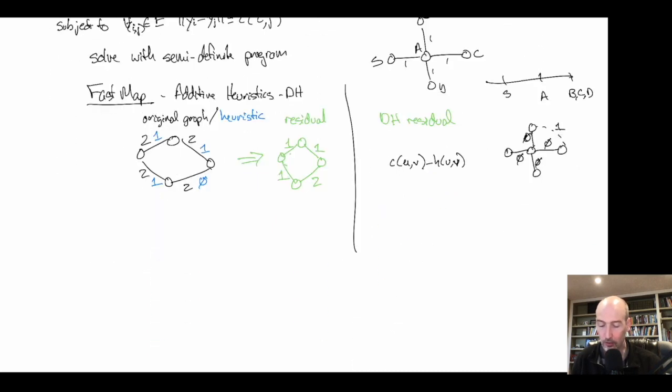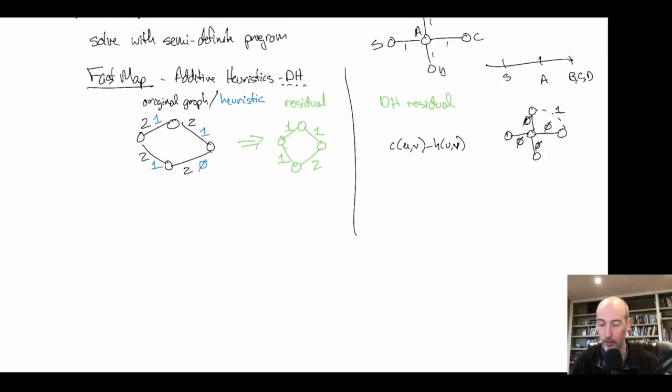And so what we can do here, going back to FastMap, is instead of starting with a pure differential heuristic, we're doing this exactly. Differential heuristic has a single pivot. And for FastMap, we're going to use 2 pivots.